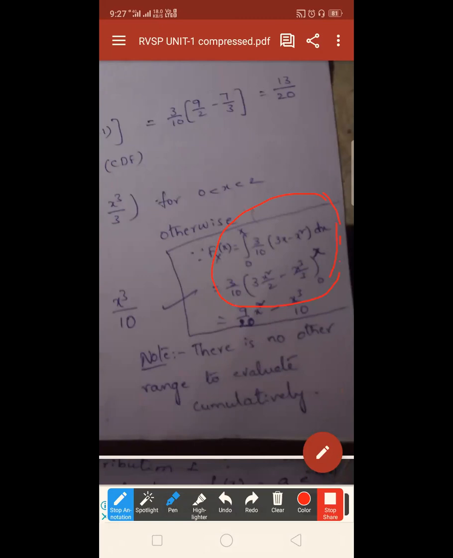Okay, now is it clear? Is it clear now? I have selected the maximum brightness, but the screen is somewhat dark.